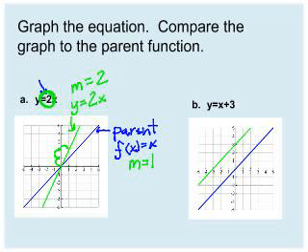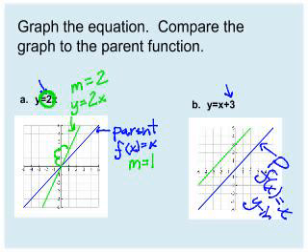Now let's take a look at what happens when we change this part of the function, when we add a number to the parent. Again, my blue line is my parent, f of x equals x. And we know that the y-intercept of this line is at 0. What is the slope of the new function?